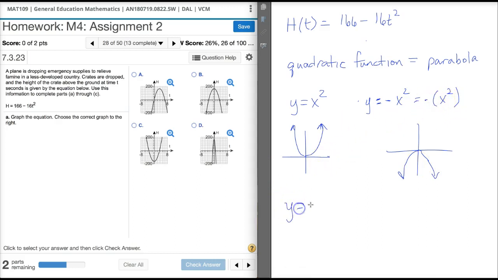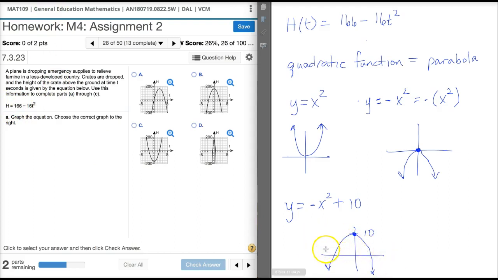So let's say if I had y equals negative x squared plus 10, then this plus 10 takes this function that's already opening down, and it'll lift everything up by 10 units. So here, remember this point here is the point 0, 0. So this would be the point 0, 10, and the graph will go like that. Okay. And so in general, the graph that we are talking about has to look something like this.